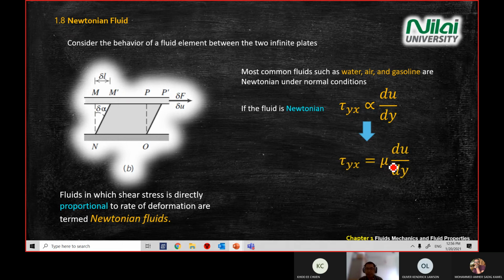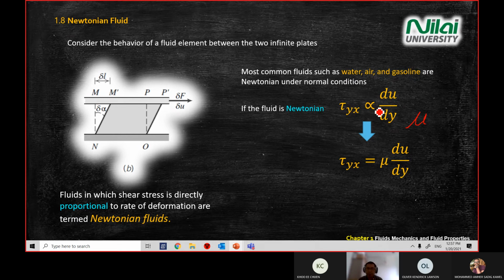You can put k, but we know that at the end you'll still see a viscosity symbol. So we straight away use the mu symbol to represent the constant relationship between your shear stress and your shear rate.